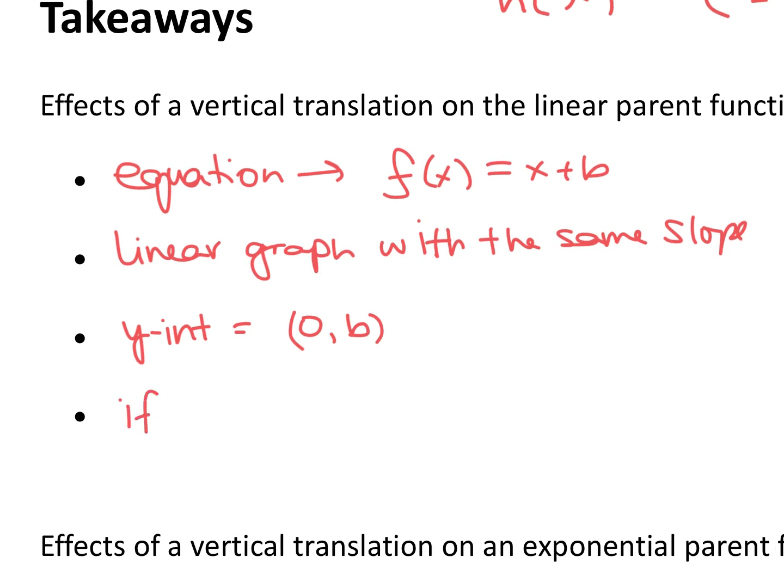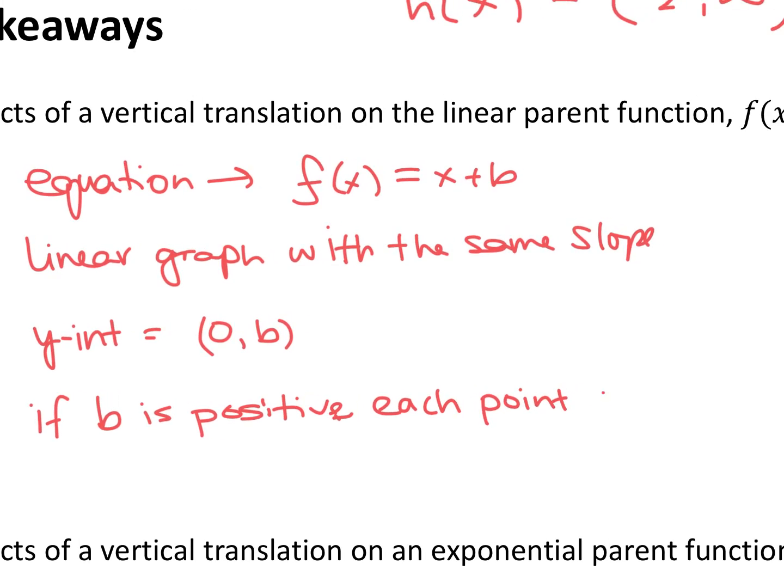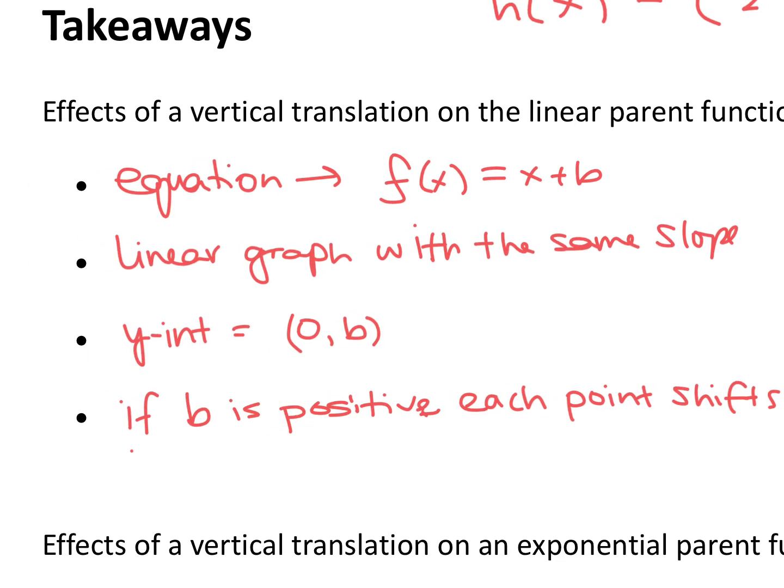So we'll write that one more time. If b is positive, each point on the graph, so on the function, each point shifts up that amount.